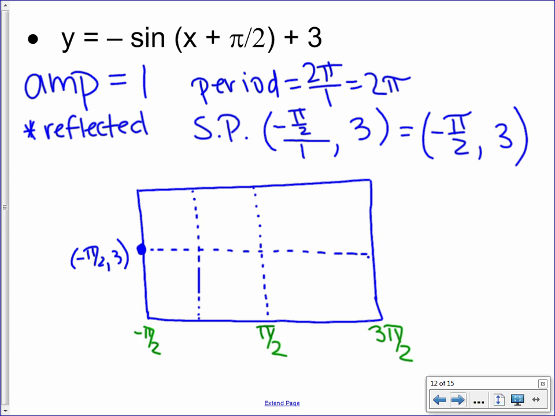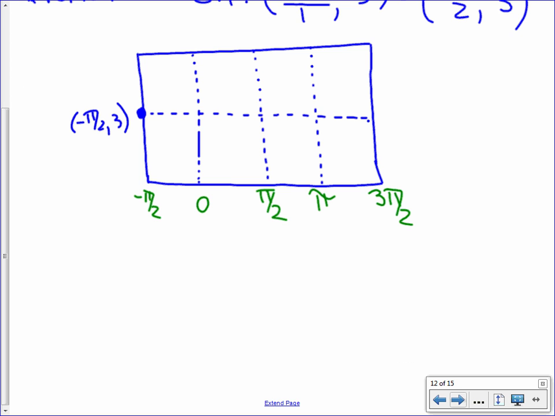What's in the middle of negative pi over 2 and pi over 2? And what is in the middle of pi over 2 and 3 pi over 2? Pi. So this is actually our y-axis right here.